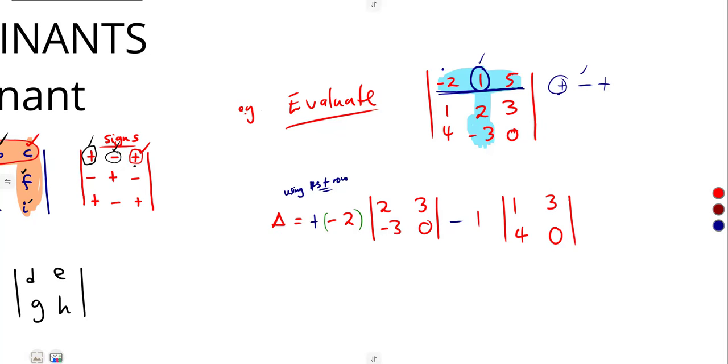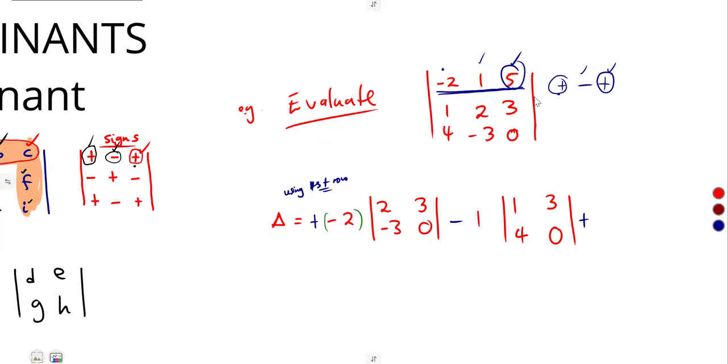And we move on to the last term. Remember, we are still working with the first row, and in that first row, there is still another term to be considered, which is what? 5. This is the last term, 5. So 5 corresponds to what in terms of the sign? Positive. 5 corresponds to a positive.